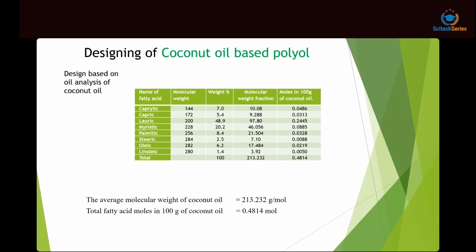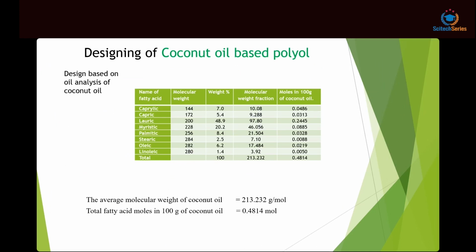So this is the oil analysis of the coconut oil. Now you can see the average molecular weight of coconut oil, 213.232, and the number of moles of all the fatty acids present in 100 grams of coconut oil.